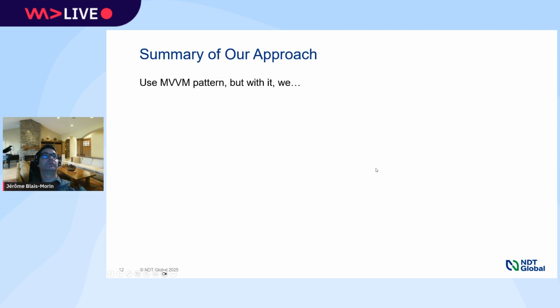Let me go to the next slide. In our approach, we do follow MVVM, so we're still consistent with that, but we do two things slightly different. It's like an improvement, I would say, on top of the default implementation of MVVM. One is we have a context object. We saw it very rapidly in the previous slide, but we'll talk about it.